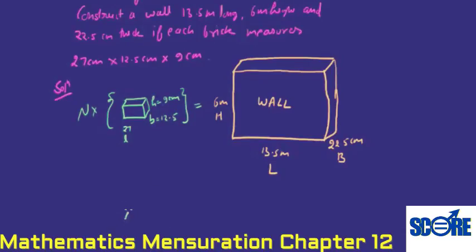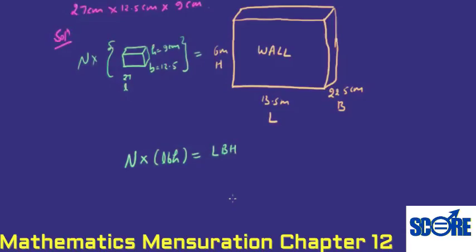So n times the volume of a brick, that is small l small b small h, is equal to capital L capital B capital H. So the number of bricks is equal to capital L capital B capital H divided by small l small b small h.